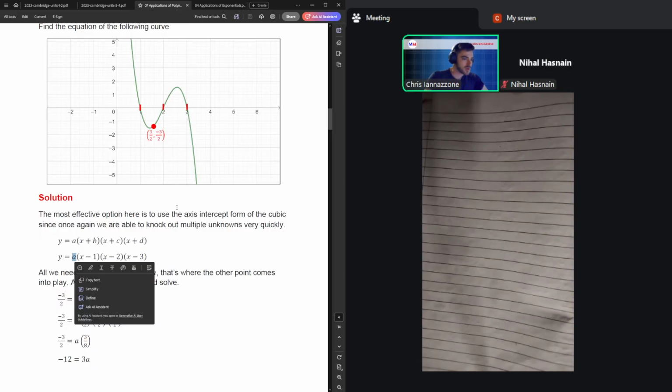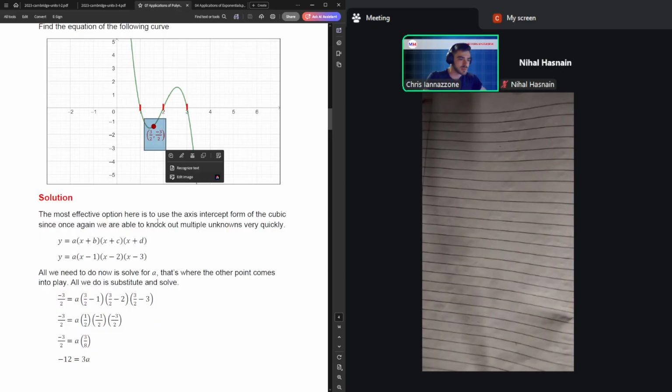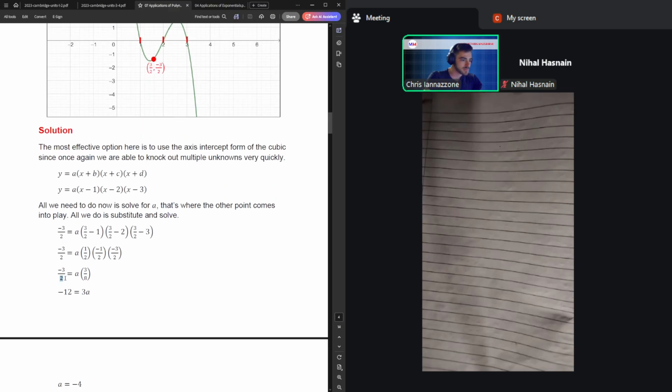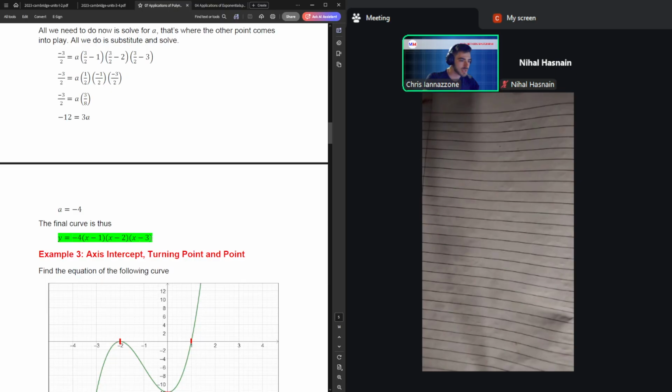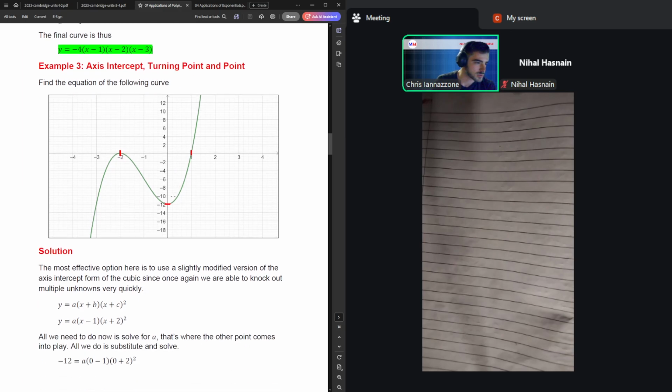Once again, the leading coefficient there is left unsolved, but we have another point that's involved. So we sub in that point, solve for A, and, well, the same is true as before. Give it as per the actual requirement of the question. A, B, and C, if that's what's required, or the rule, if that's what's required.